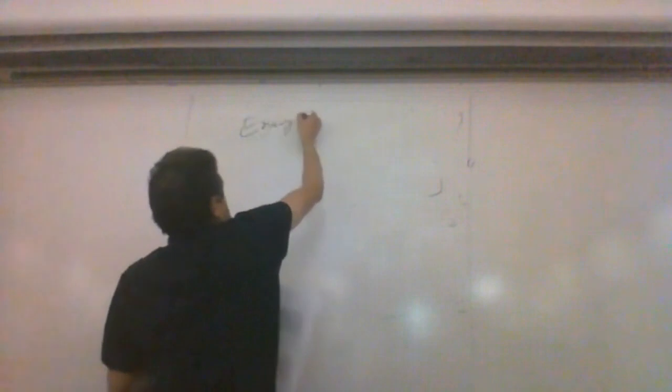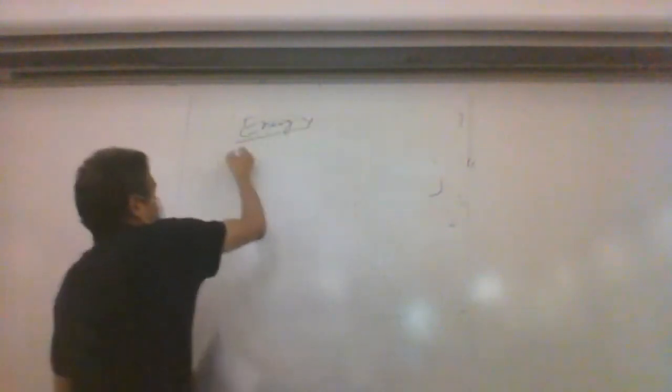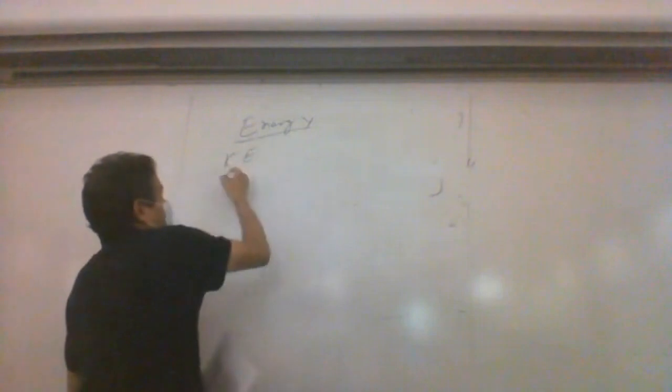The basic principle of energy. There are two kinds of energy. One is kinetic energy, another is potential energy. If something is at rest and I calculate the energy of that, it is potential energy. So let's say I have an object here.